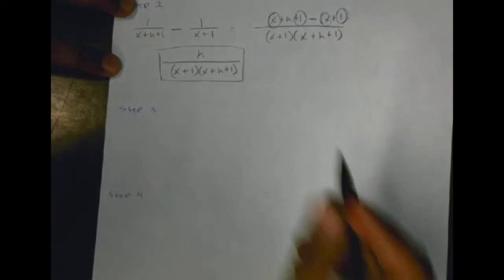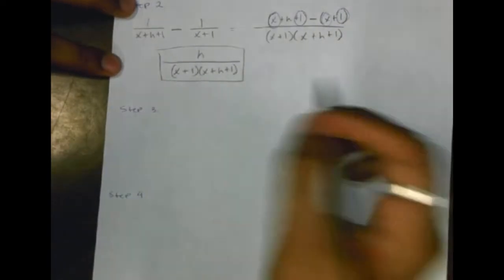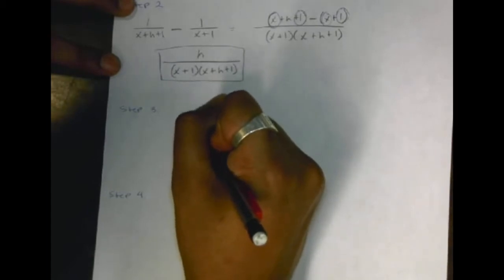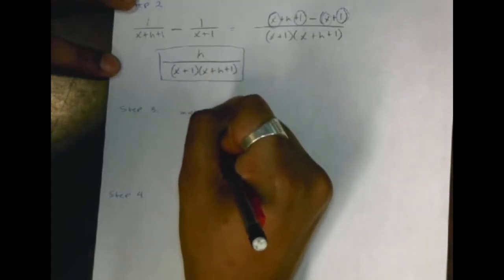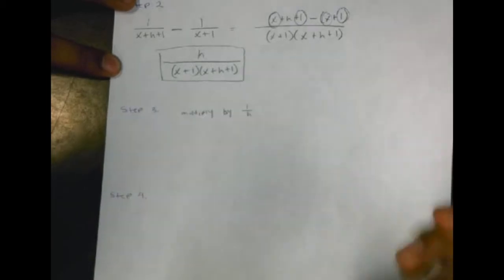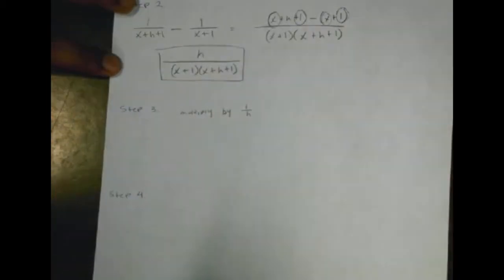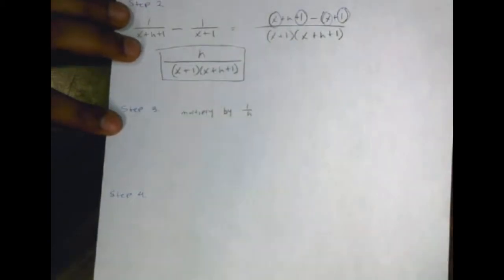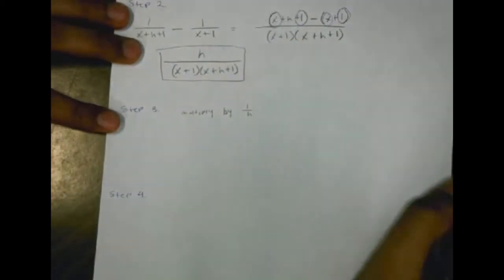Now we're going to take that and divide it by h. Another way of dividing is to multiply by 1 over h, which is the exact same thing as dividing by h.